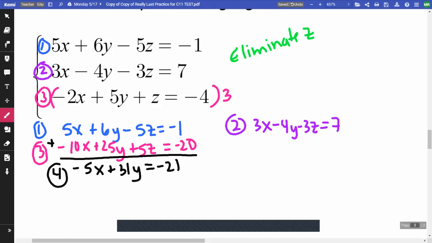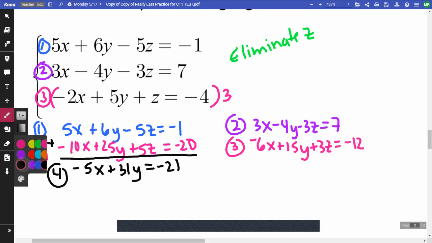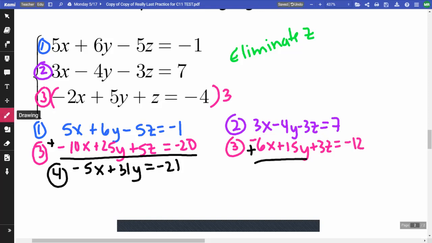So for my new equation 3, I get a negative 6x plus 15y plus 3z equals negative 12. And I'm going to add these together. That's going to be a negative 3x and 11y. My z's cancel out, and I get a negative 5. So that'll be equation 5. So now this is what I'm going to solve.